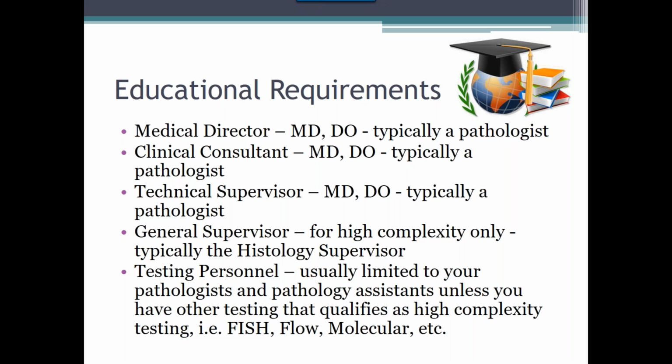Pathology assistants do need to meet the high complexity testing educational requirements, which require that the PA have an Associate of Science degree or a Bachelor of Science degree with a documented field of study. You need to be careful here because you must have a document where the field of study is documented as a biological, chemical, or physical science, or in the field of medical laboratory technology.